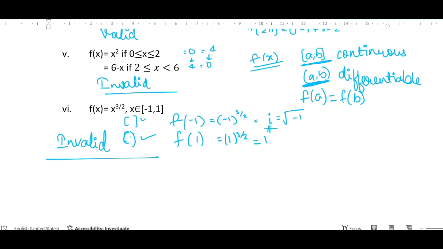Then the third condition you mention is f of a is equal to f of b, and then you show the working like I have showed over here and over here, and show that f of a is equal to or not equal to f of b. If f of a is equal to f of b, you can say that it is valid for Rolle's theorem. If it is not equal to f of b, you can say it is invalid. So that's it for the video.